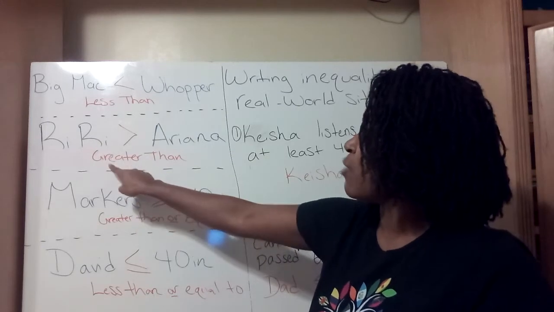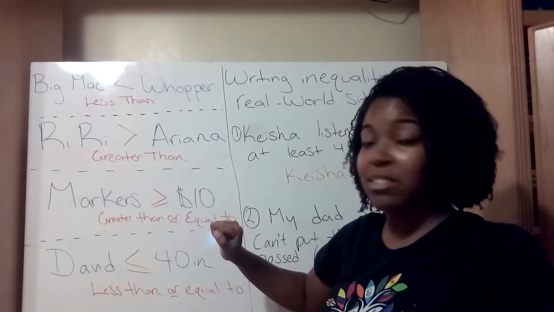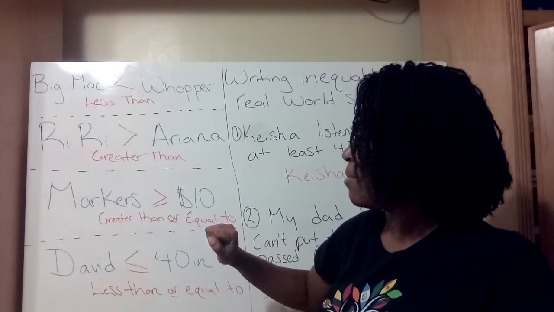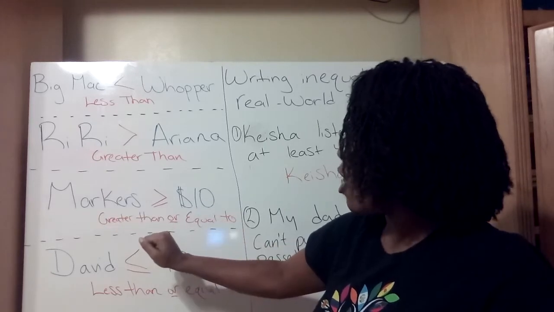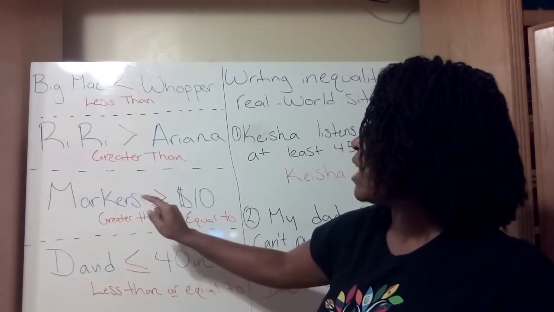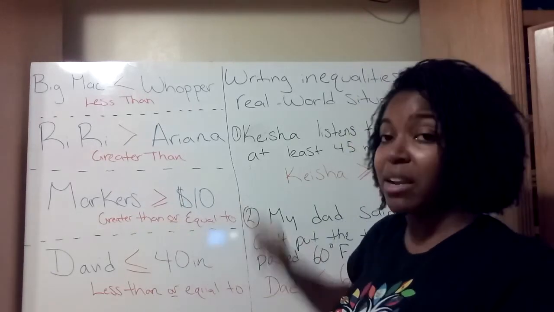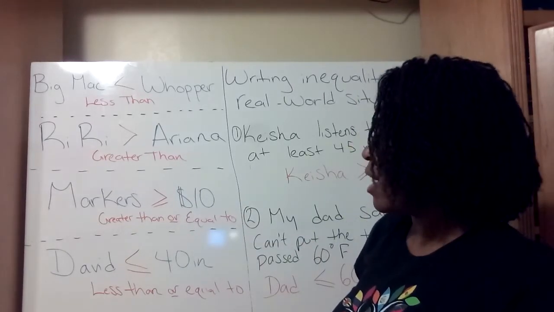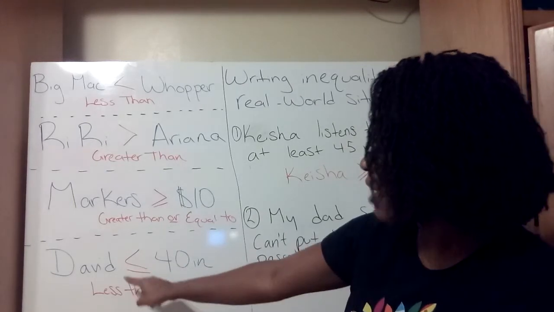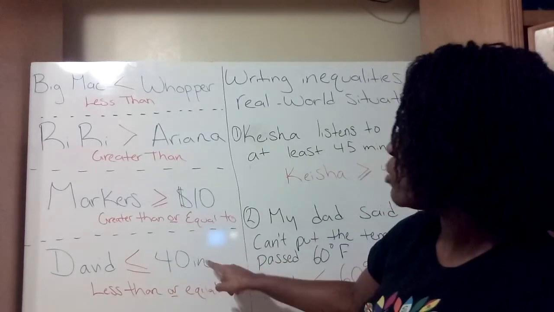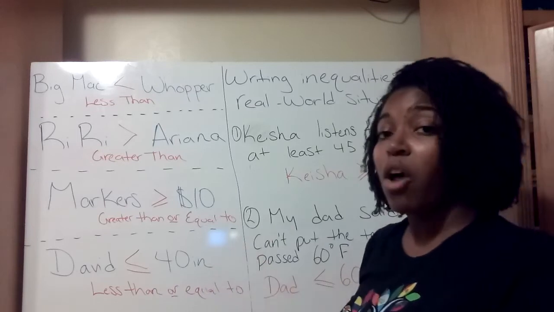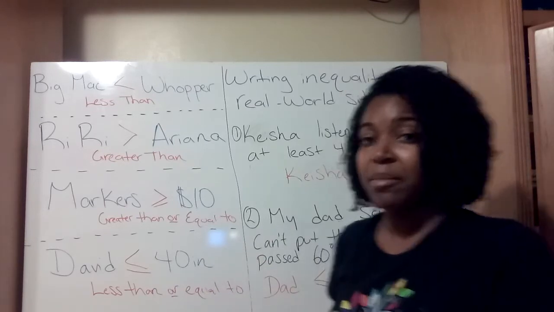Riri is greater than Ariana Grande as an artist, okay? Markers cost at least $10 or more, so markers are greater than or equal to $10. And I said that David's height is less than or equal to 40 inches. So he's not taller than 40 inches.